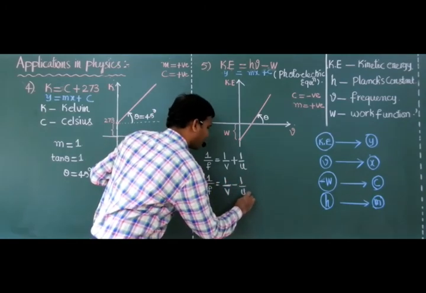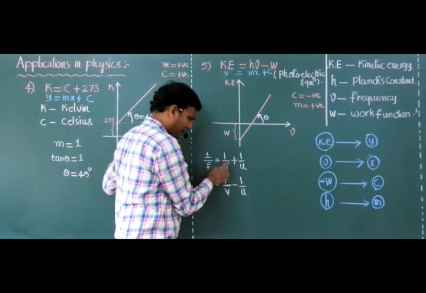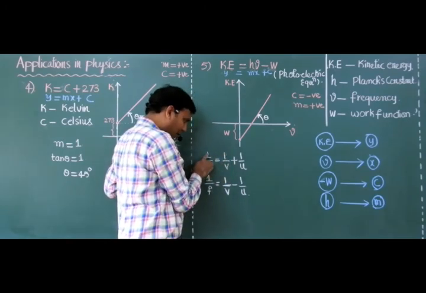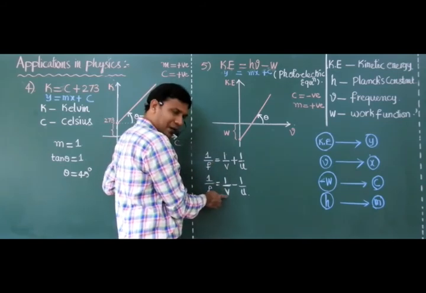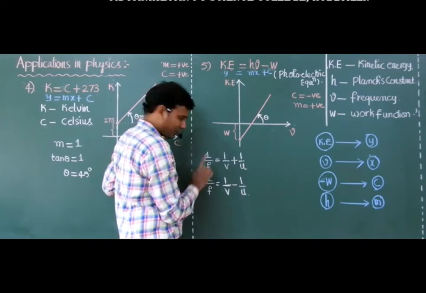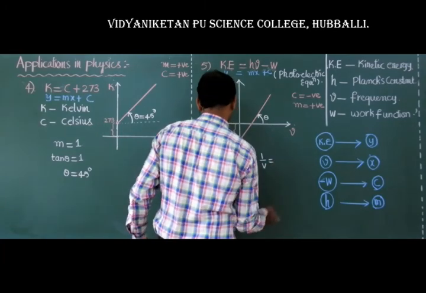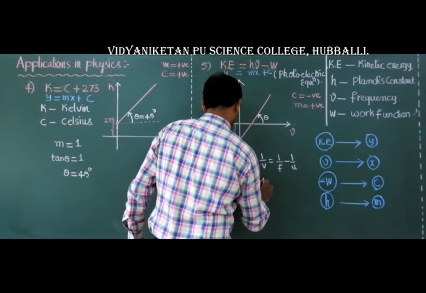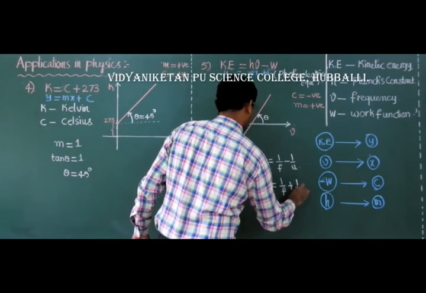Now if you write 1 by v is equal to 1 by f minus 1 by u, here also 1 by v is equal to 1 by f plus 1 by u. Clear?